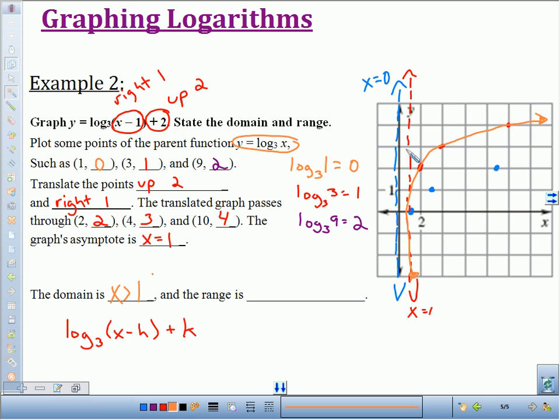Notice my asymptote can't translate up or down, right? Because it's a vertical line. Vertical lines can't translate up or down. They can only translate left or right. My range is still all real numbers, right? The range is always going to be all real numbers.